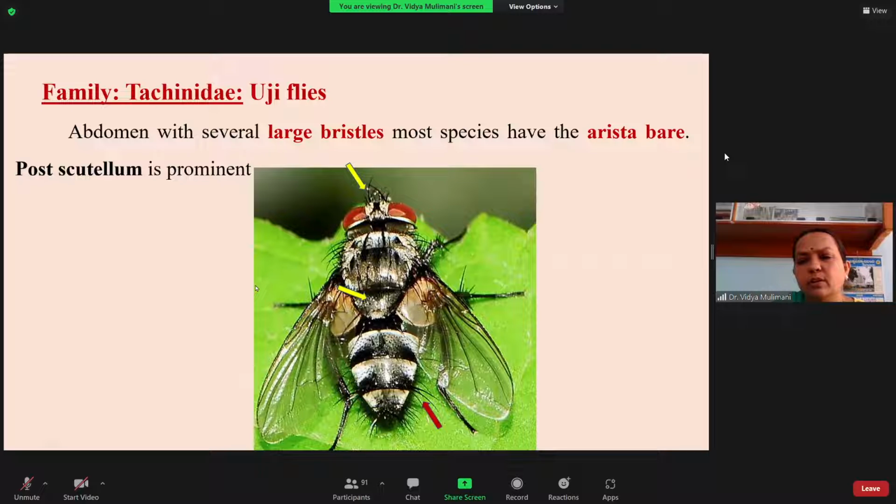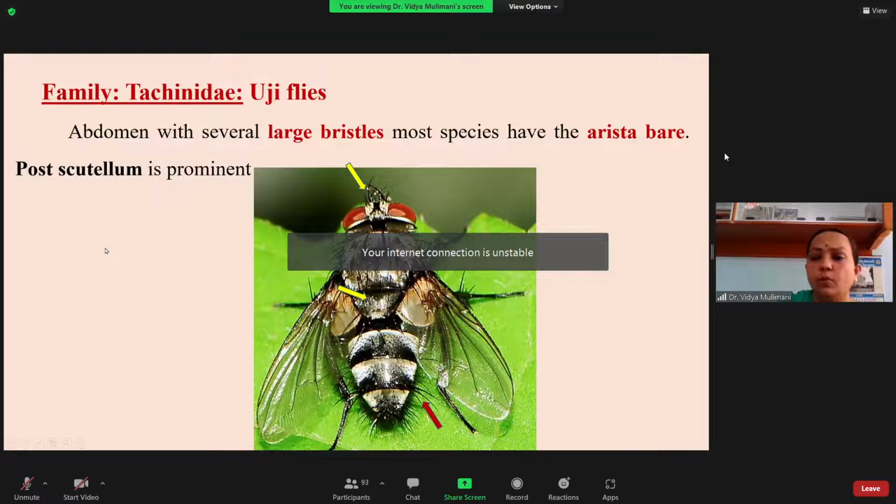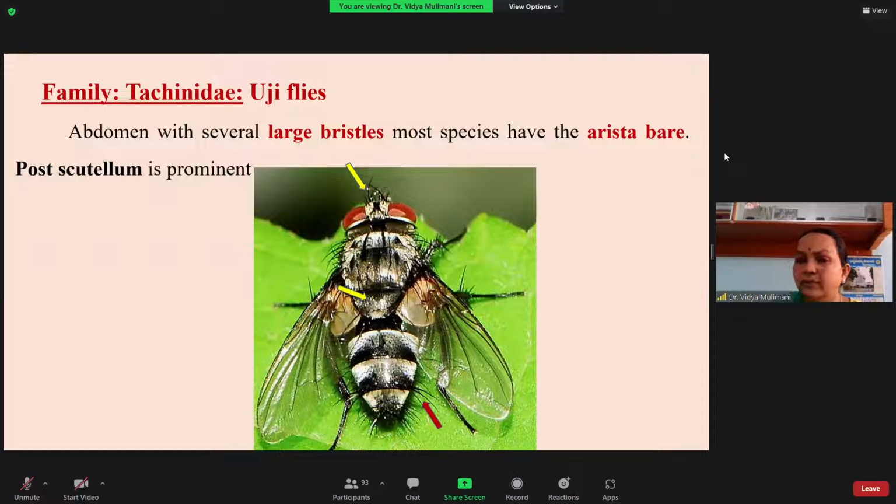Another negative is they are also polyphagous. If they are polyphagous, field release becomes difficult, because if there is any alternate source which is preferred, it will move on to that host instead of controlling where you want. So these are the two negative parts of the tachinid: rearing is a costly affair, and they are polyphagous.